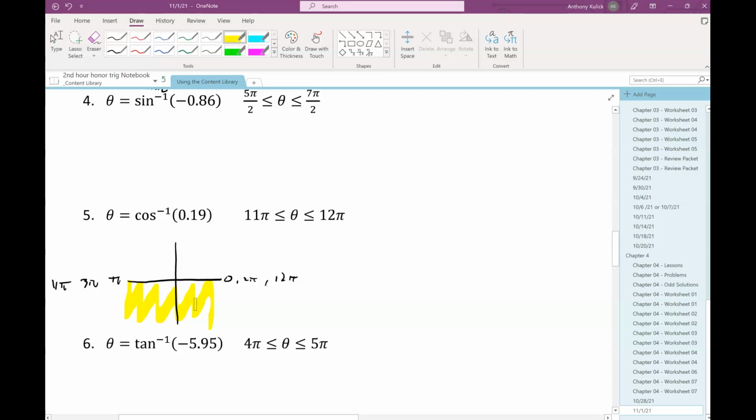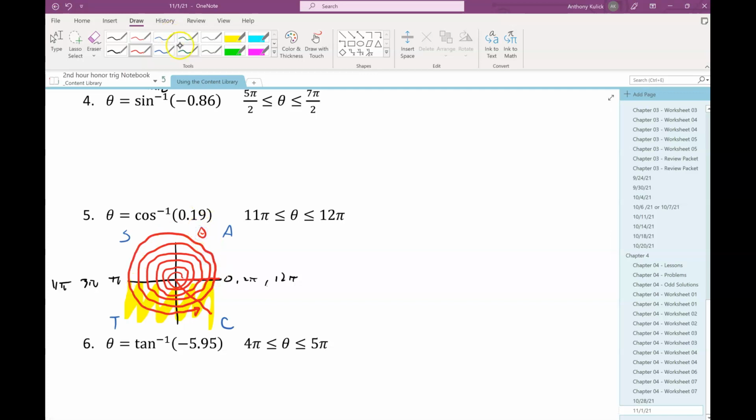So what would be the problem? Okay. What number would you use? Sure. So all silly turtles crawl. Cosine is positive in quadrant 4. So there's 2 pi, 4 pi, 6 pi, 8 pi, 10 pi.